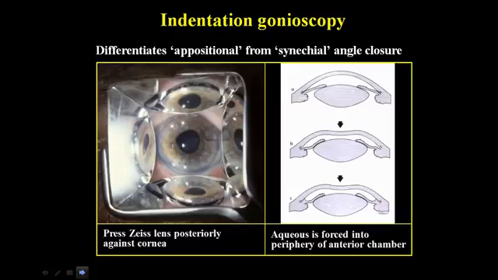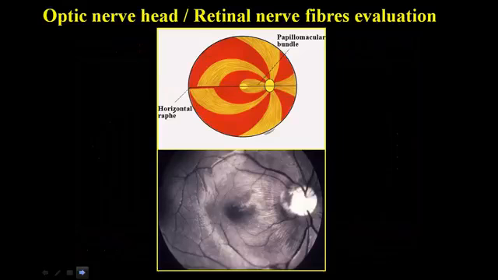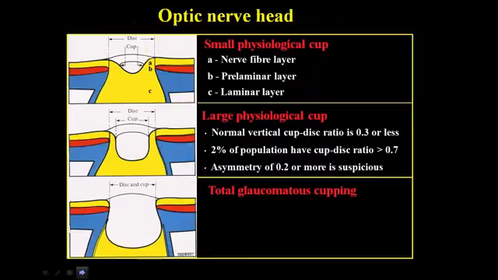The third technique is fundoscopy, or assessment of the optic nerve head. Now, the optic nerve head is also termed the optic disc. As we all know, there is a small cup in the center of the optic disc, which is a normal physiological cup.